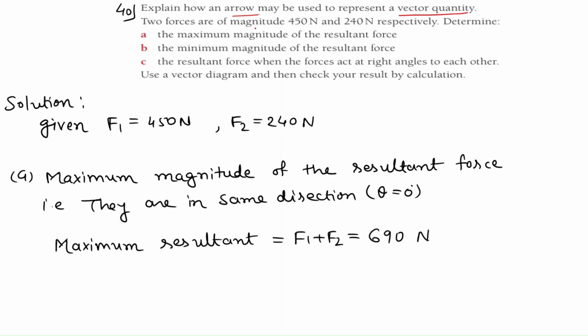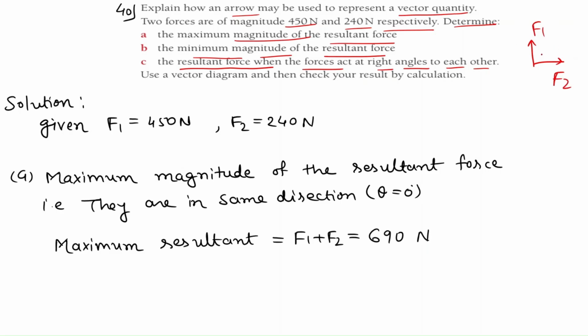Two forces are of magnitude 450 and 240 Newton respectively. Determine the maximum magnitude of the resultant force, the minimum magnitude of the resultant force, and C, the resultant force when the forces act at right angles to each other, meaning they are like this, F1 and F2.